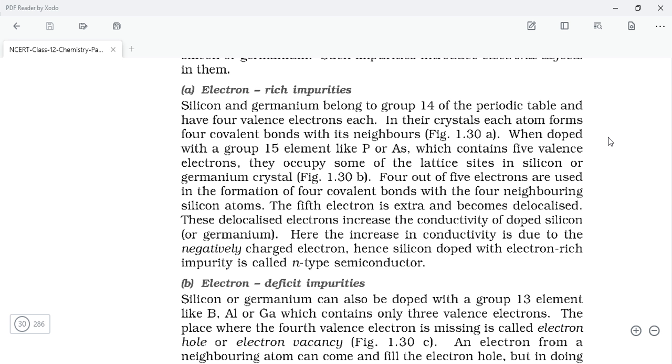When doped with a group 15 element like P or As, which contain 5 valence electrons, they occupy some of the lattice sites in the silicon or germanium crystal. 4 out of 5 electrons are used in the formation of 4 covalent bonds with the 4 neighboring silicon atoms. The 5th electron is extra and becomes delocalized. These delocalized electrons increase the conductivity of doped silicon.